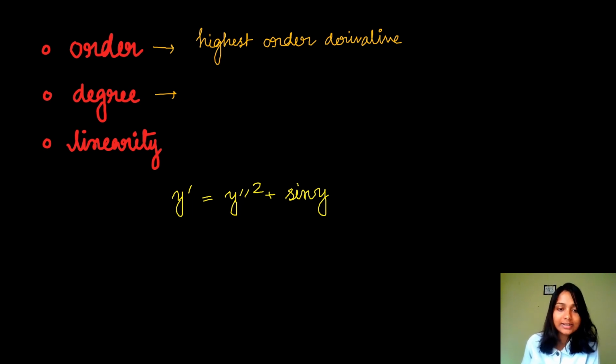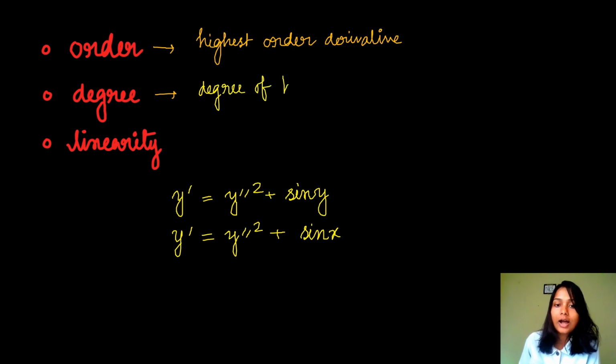Let us see another example like this: y dash plus y double dash square equals sin x. So what is degree? Degree is the degree of the highest order derivative.